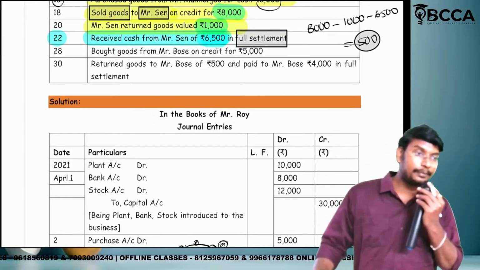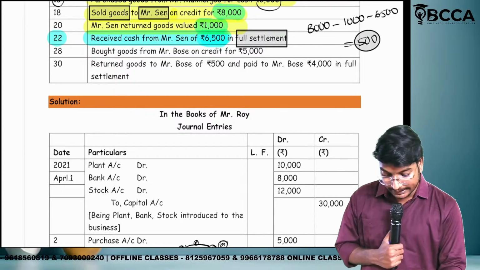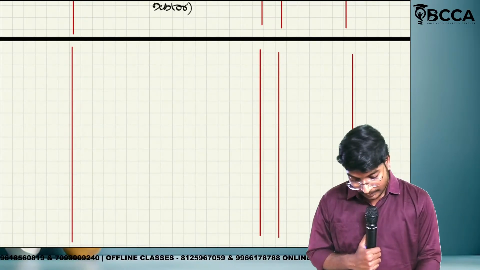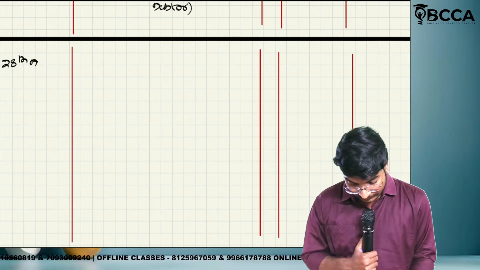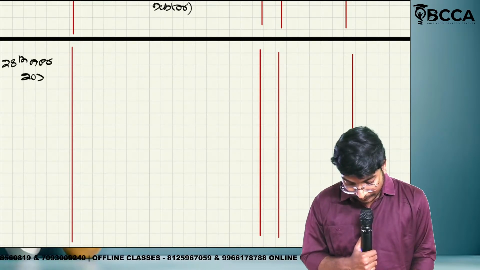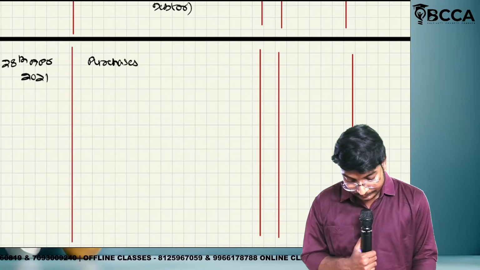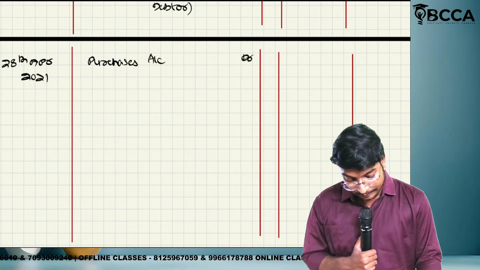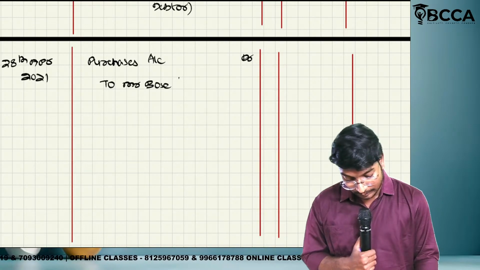So what is the entry? Purchase account debit to Mr. Bose account. On which date? 28th April 2021. So purchases account debit to Mr. Bose account.